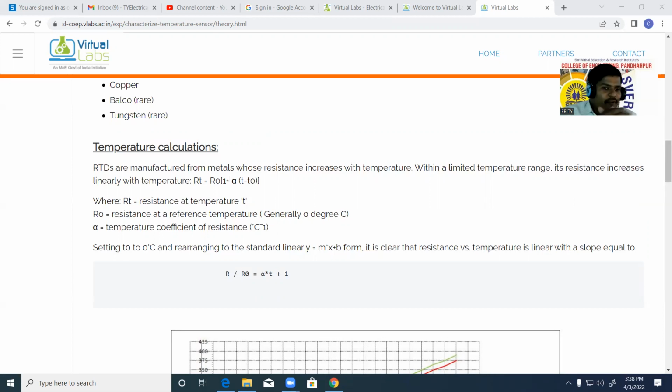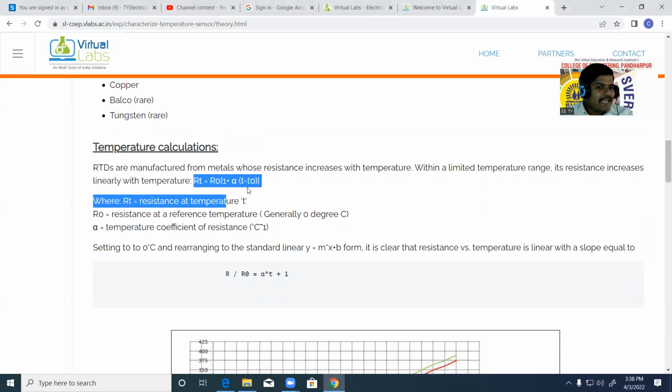The formula for that is RT = R0(1 + alpha × delta T), where RT is the resistance at temperature T. What is delta T?